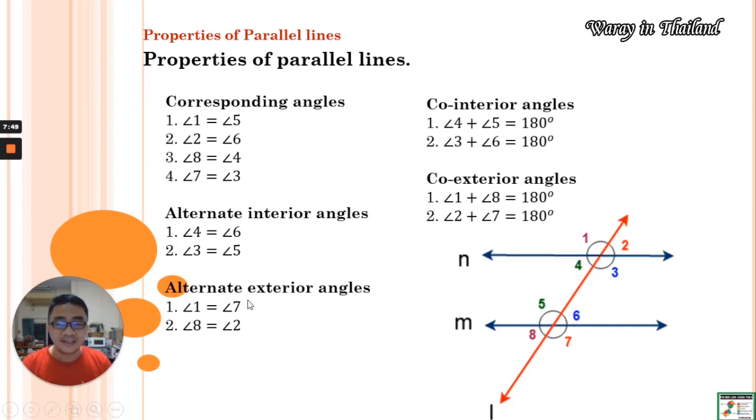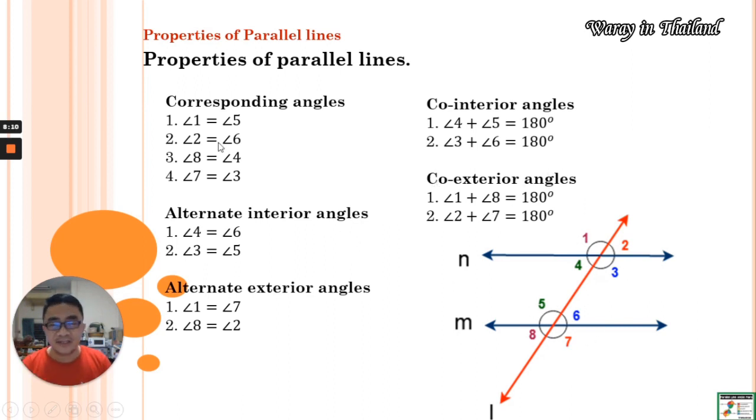Alternate exterior is outside, but still on the opposite side of the transversal line, like 2 and 8 and 1 and 7. Co-interior, we have again the sum: the same side, but the interior part of the parallel lines, 4 and 5, 3 and 6. And co-exterior, we have 1 and 8 and 2 and 7.